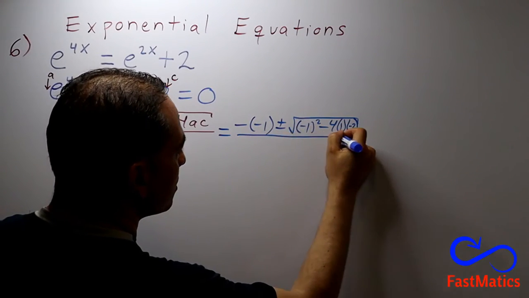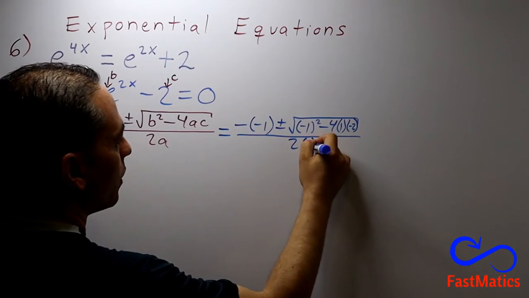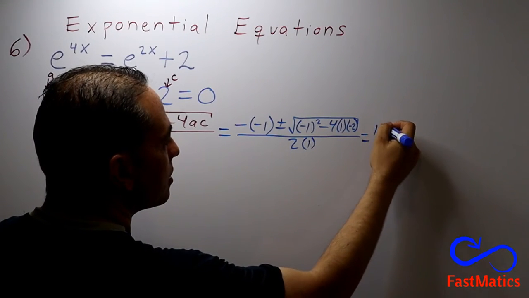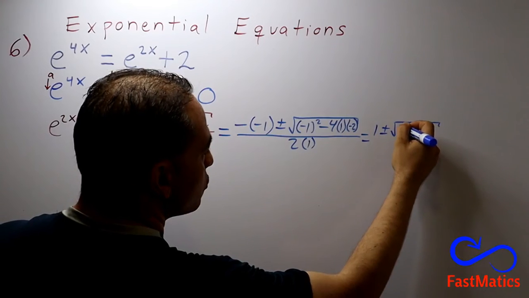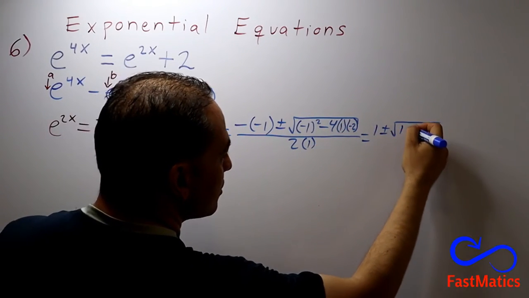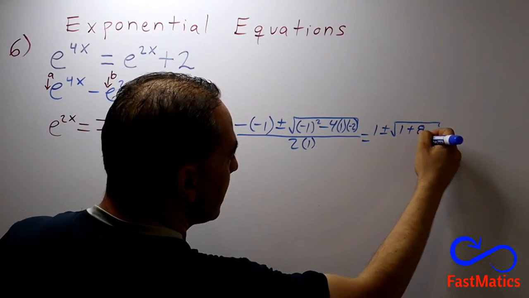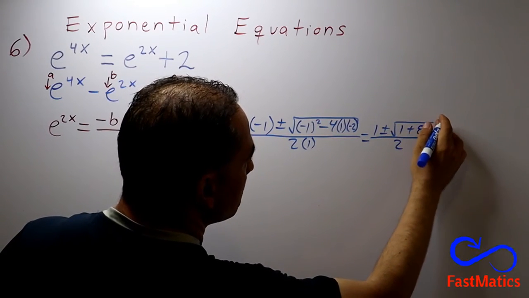And everything divided by 2 times the value of a, that is 1. After that, negative times negative is positive 1, positive negative, the square root of negative 1 squared is 1, negative times positive times negative is positive, 4 times 1, 4 times 2 is 8, and everything divided by 2 times 1 is 2.